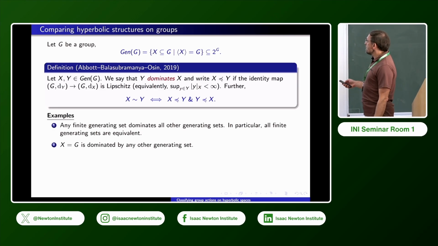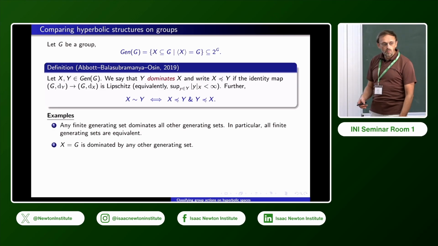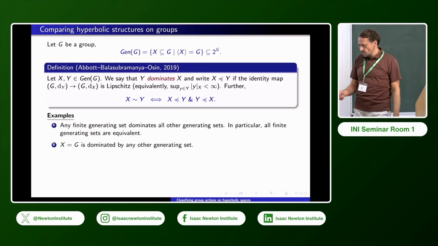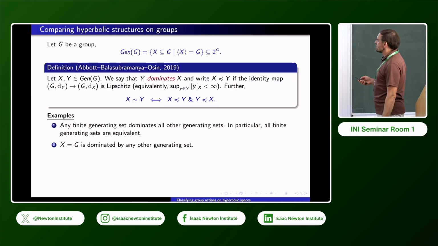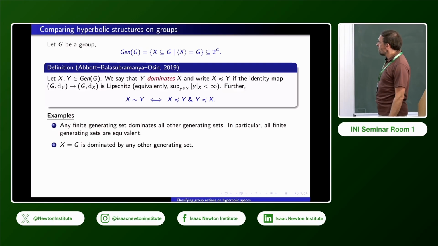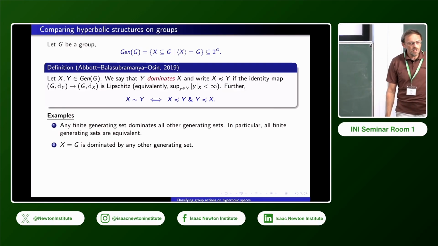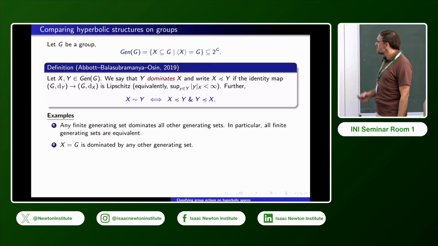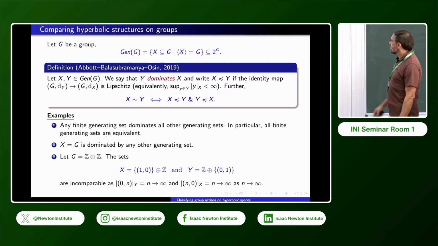And if you have a finite generating set for your group, it will be the maximal, the largest actually element in the corresponding partially ordered set. In particular, all finite generating sets are equivalent, so they form a unique equivalence class.